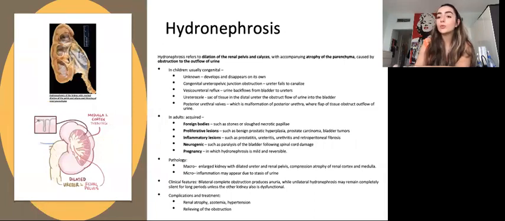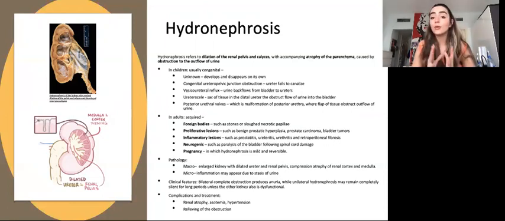But before that, I just want to talk about hydronephrosis for a minute, because I think this is a very important concept. Hydronephrosis is the dilation of the renal pelvis and calyces, and this is accompanied by the atrophy of the parenchyma, which causes obstruction to the outflow of urine.